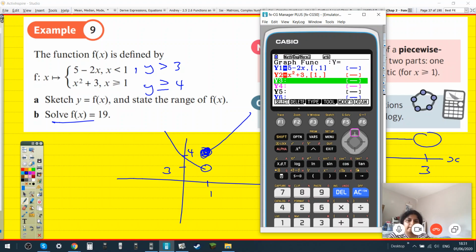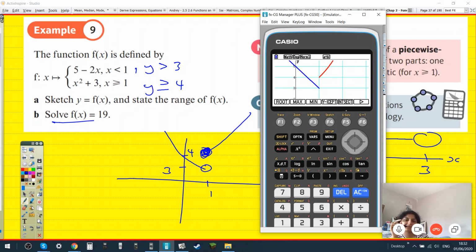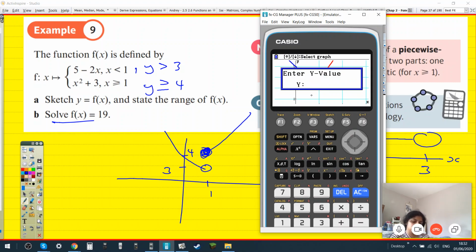I'm going to say you're 2/3 right. I'm going to go to this one. Shift graphical solve. It's an x calculation. So for the second one, the x squared plus 3, this is when y is 19.